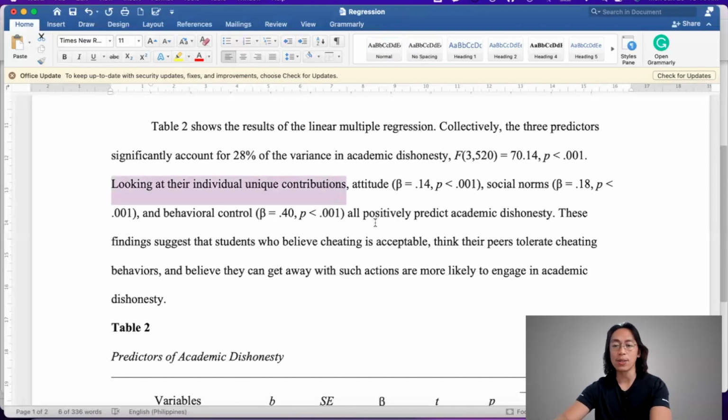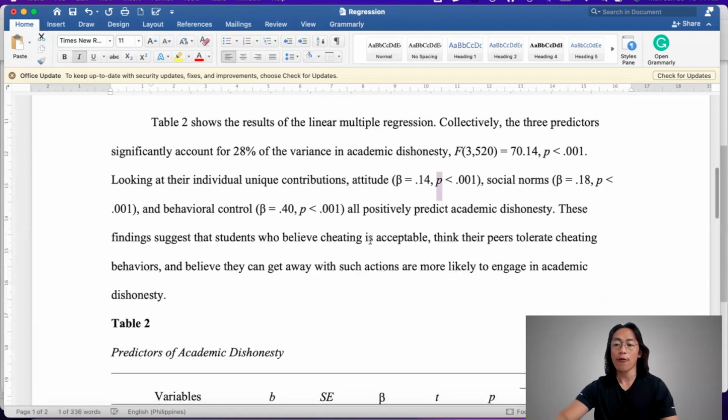I said here, looking at their individual unique contributions, attitude, social norms, and behavioral control all positively predict dishonesty. As I mention the variables, I include the statistical values, particularly the standardized regression coefficient and the p-value. You will notice that the Greek letter notation is not in italics, but the non-Greek letter notation is in italics.